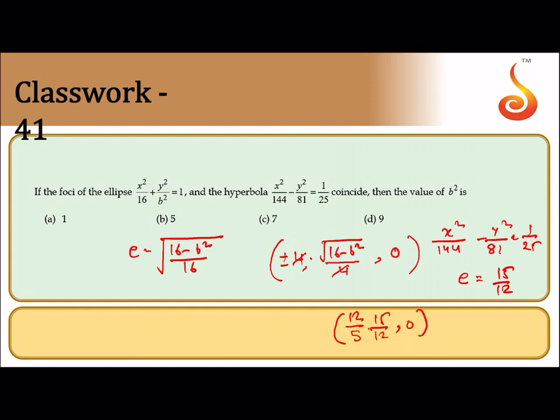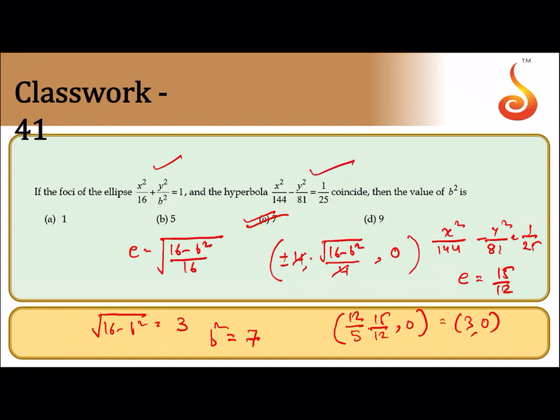So the foci coordinates will be 12 by 5 into 15 by 12 comma 0, which is equal to 3 comma 0. So under root of 16 minus b square is equal to 3. So this will give you b square is equal to 7.